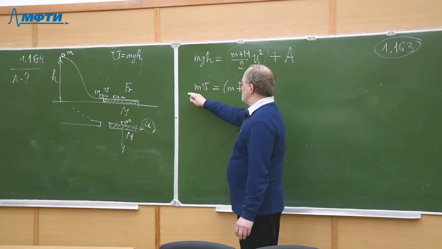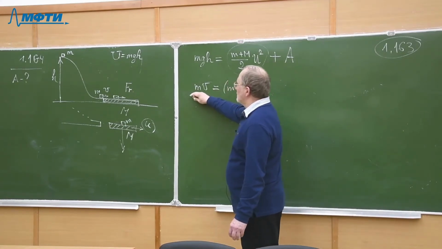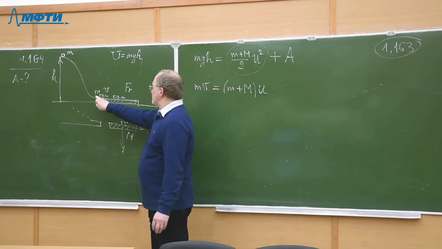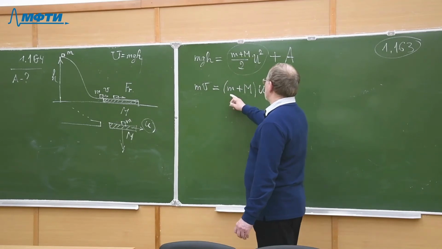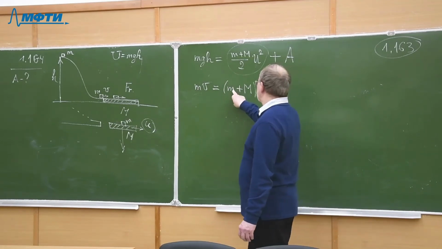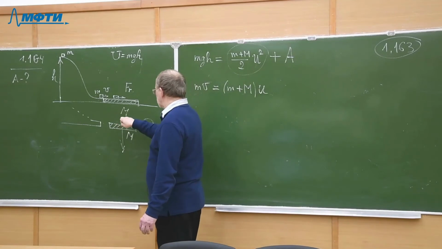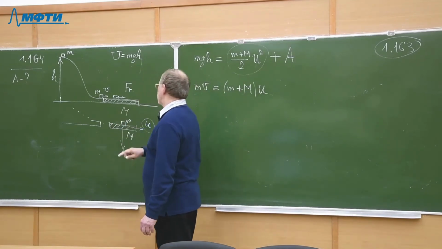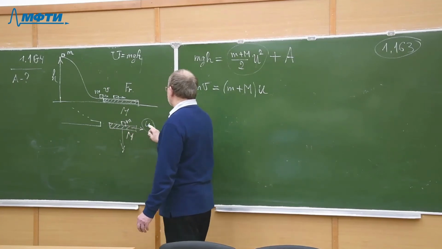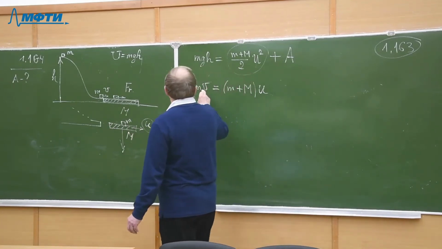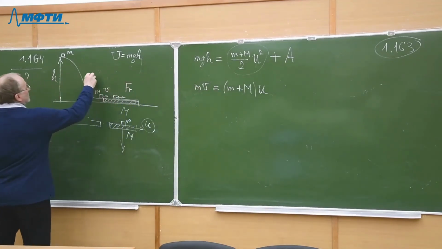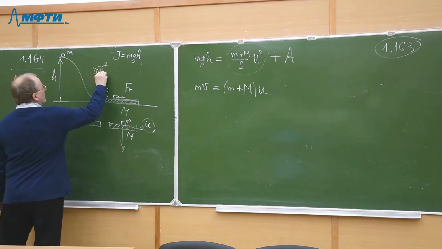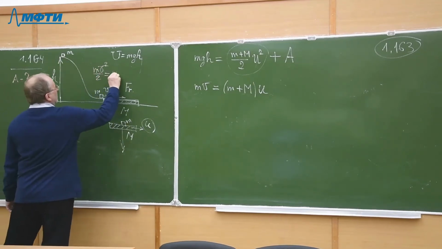So in this case, we must use this law, the initial momentum, which is all stored in the small disk, and the final momentum of the disk when the disk has stopped on the surface and moves as one piece together with the plank. Then both masses will have this final velocity u. In this case, we have to know the velocity v, which can be calculated very easily because mv squared over 2 equals mgh.